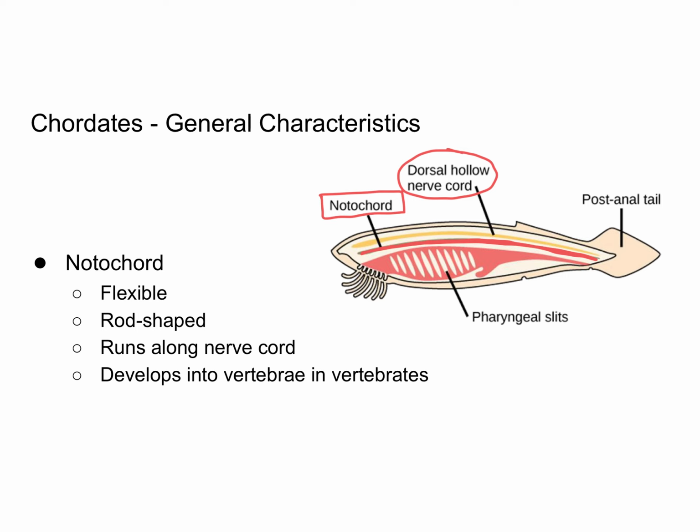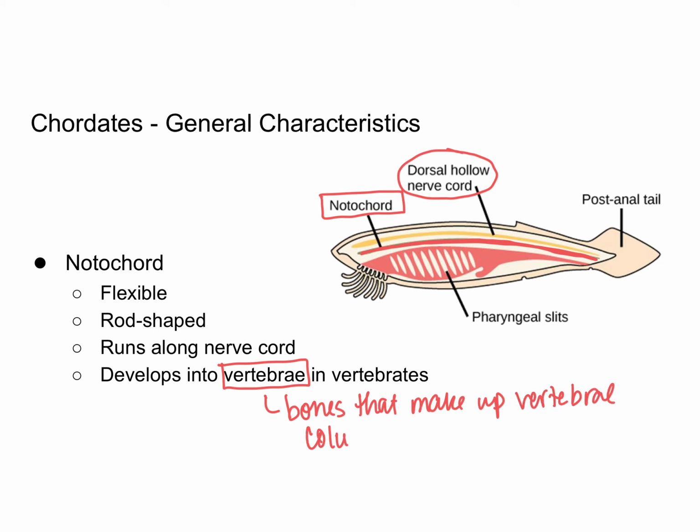And in vertebrates, it is actually going to develop into the vertebrae, and these are the bones that make up the vertebral column, also known as the spinal column. You could also just call this the backbone.